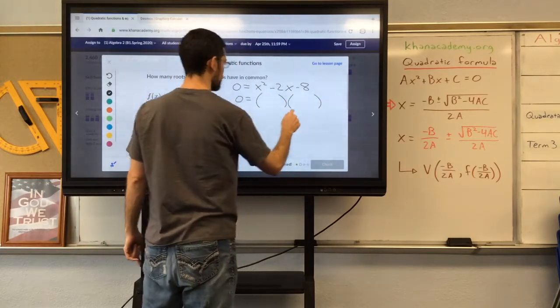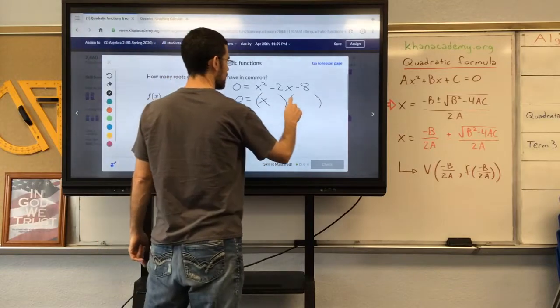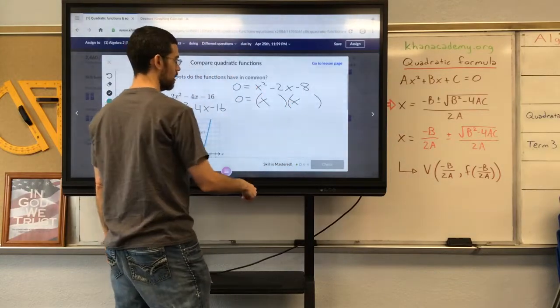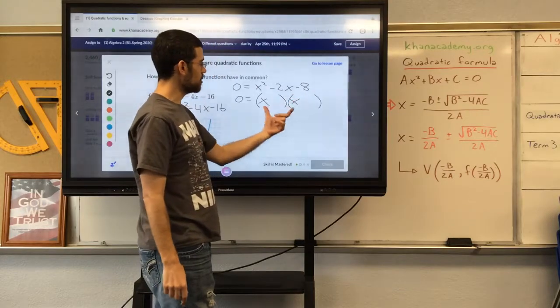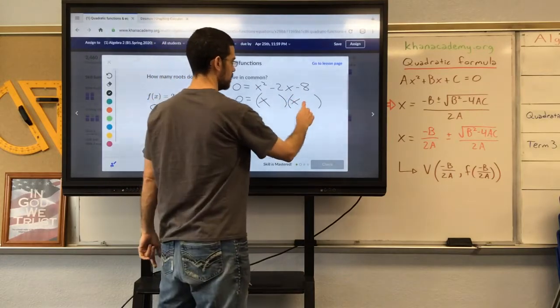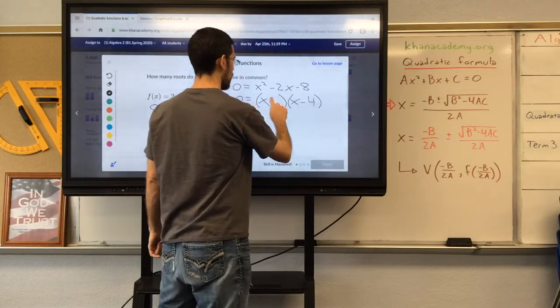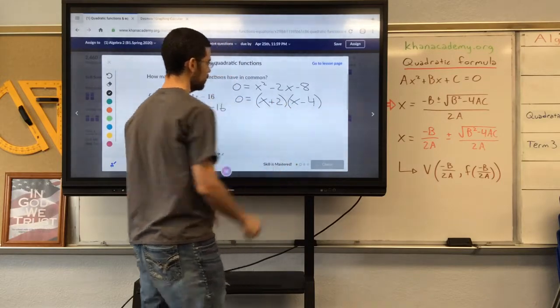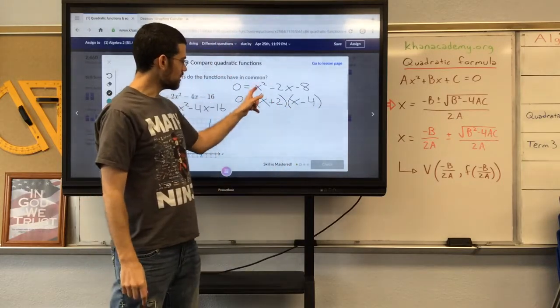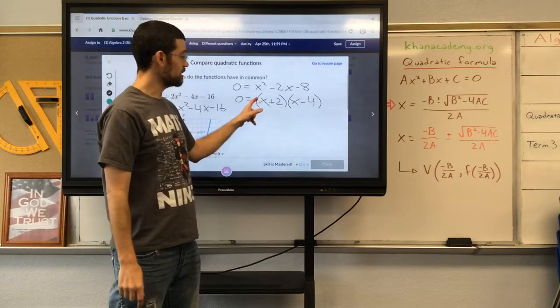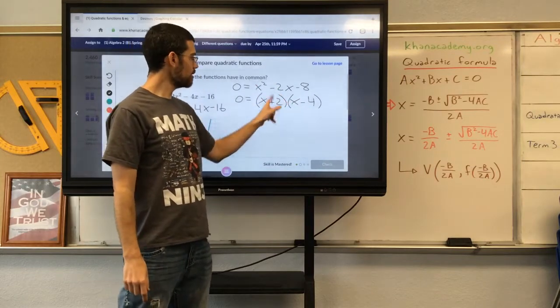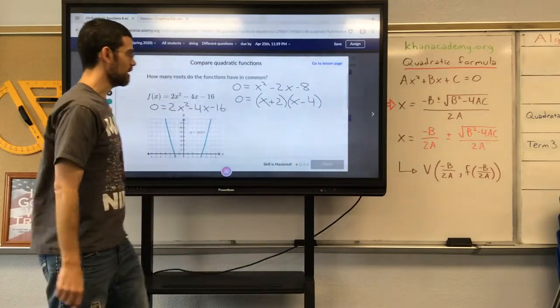one binomial times another. X times x is x squared. I need a product to equal negative 8 and a sum to equal negative 2. Well, that's going to be negative 4 and positive 2. X times x is x squared. 2 times x minus 4 times x is negative 2x. And 2 times negative 4 is negative 8.